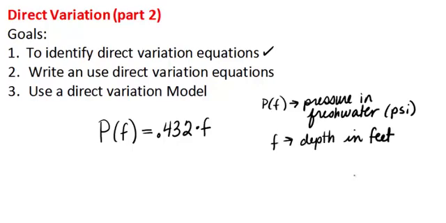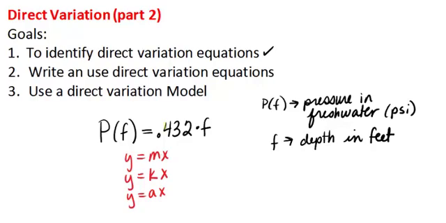If we look at this equation, first you want to decide, is this direct variation? Well, if you remember our direct variation model, y equals mx, or you could say y equals kx, or y equals ax. These are all the same thing. So basically we're looking for a multiplier times x.